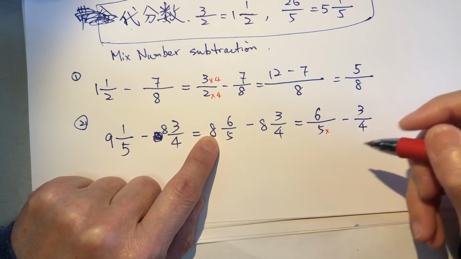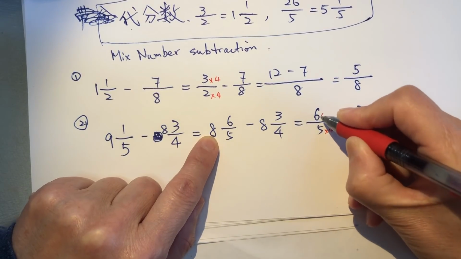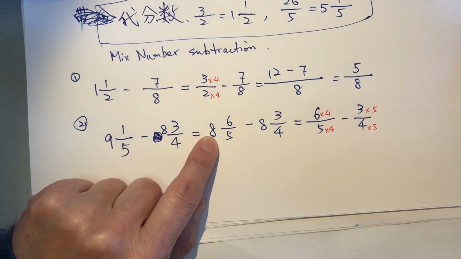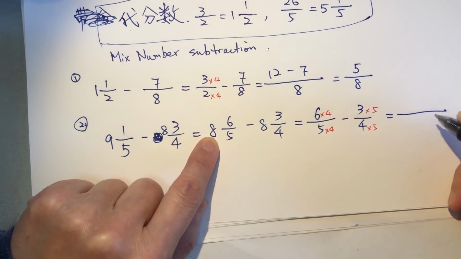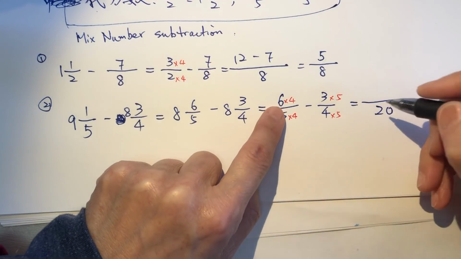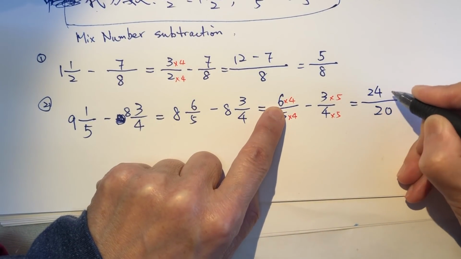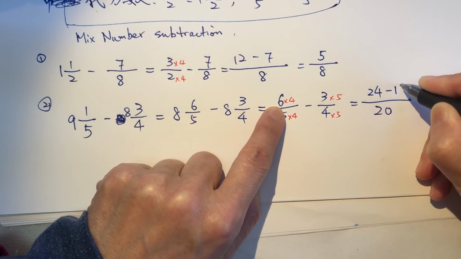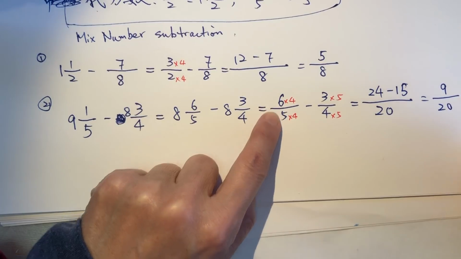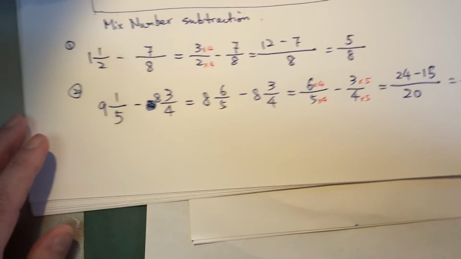Find the common denominator, times 4 and times 5, the denominator is 20, the numerator is 24 minus 15 equal to 9 over 20. And that is the result.